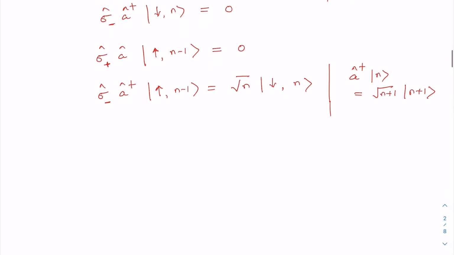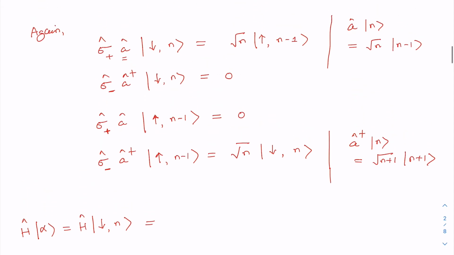So we now have all the terms, and we can work out what H of alpha is. Alpha is the atomic down state, the ground state, and n in the field mode. So we have worked out all the terms, so let me write down the results.